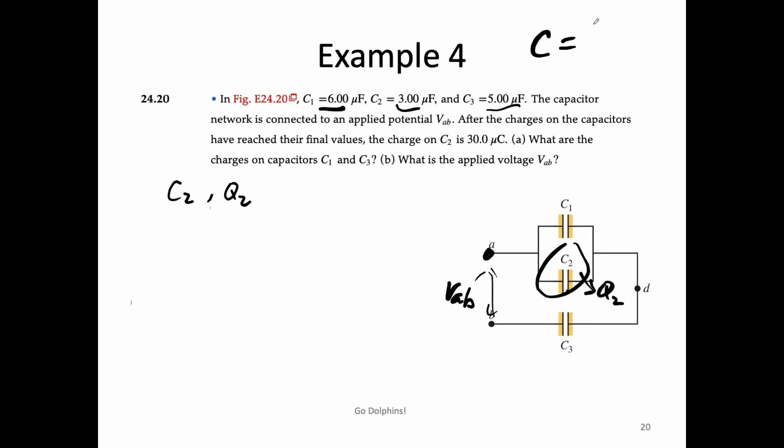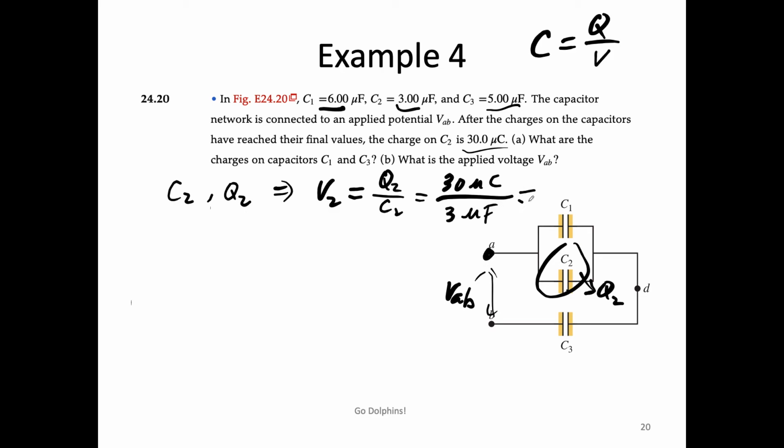From the fundamental equation, C equals Q over V, which means I also know V2 is Q2 over C2. Q2 is 30 microcoulomb, C2 is 3 microfarad, so V2 is 10 volts.